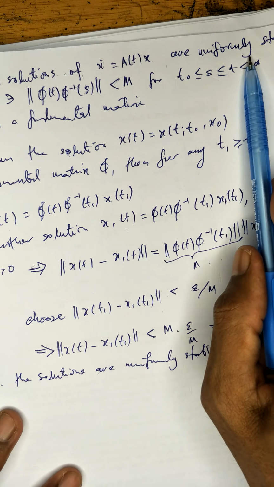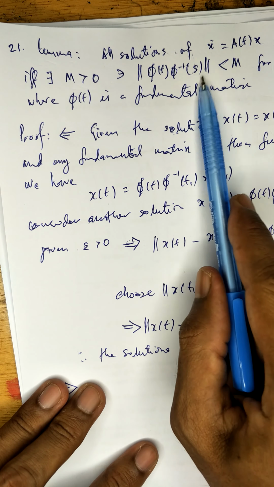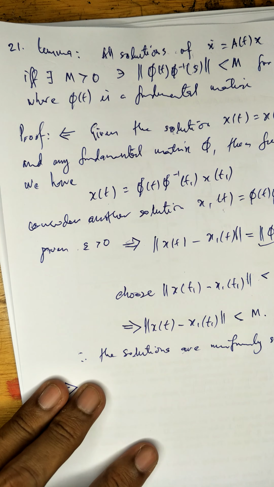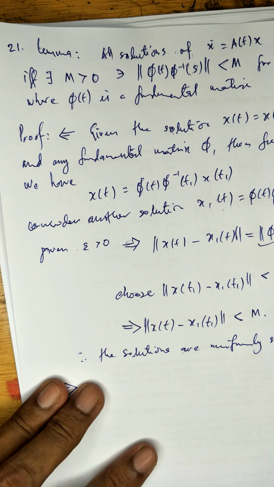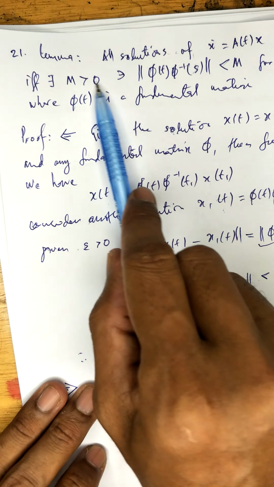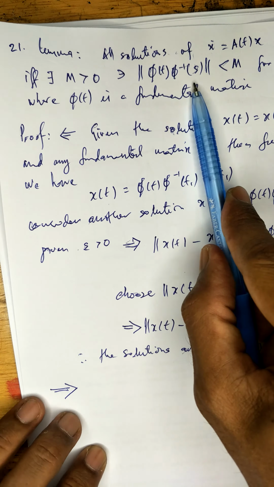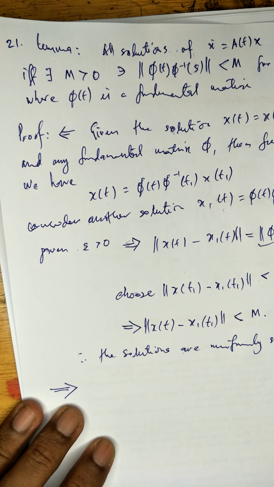Now if we have the solution is stable, we need to show that there exists M which satisfies this. In order to do that, we begin with the hypothesis. The hypothesis says that the solution is uniformly stable.